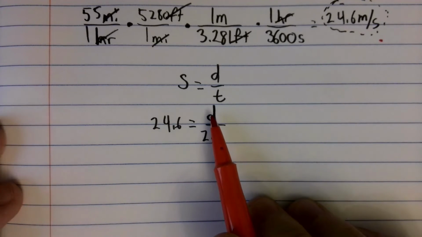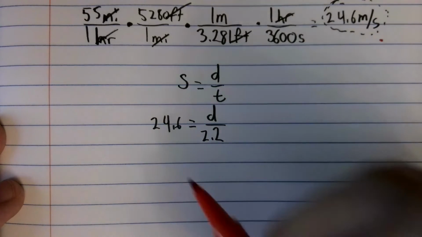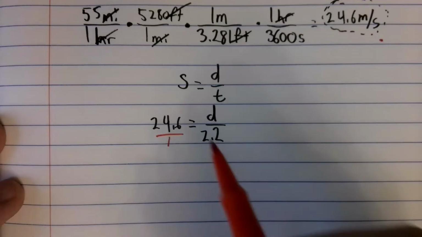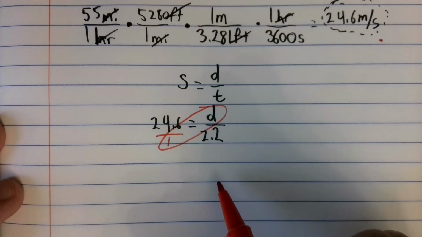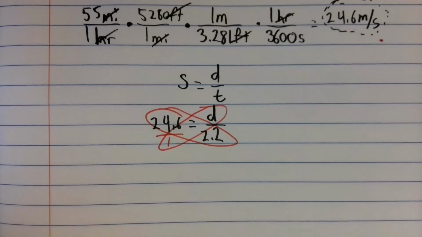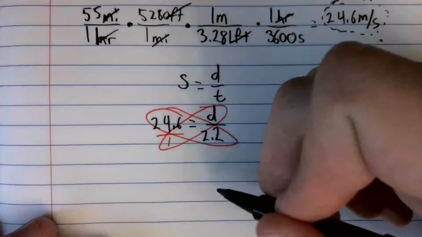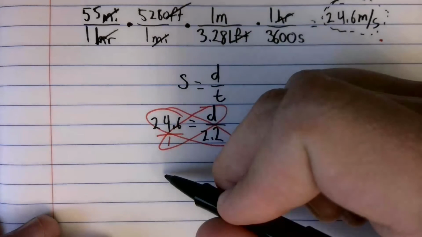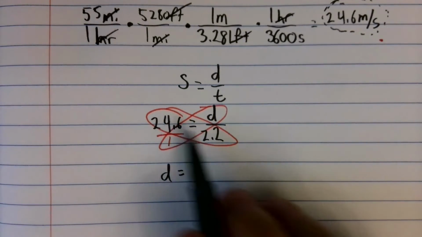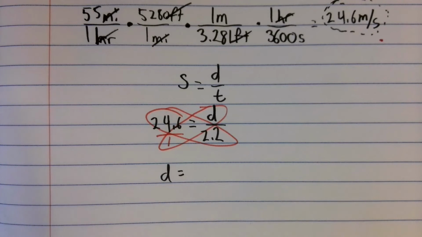We have to get D by itself, so we'll cross multiply. So it's D times 1, 24.6 times 2.2. Well, D times 1 is just D, and 24.6 times 2.2 is 54.1.